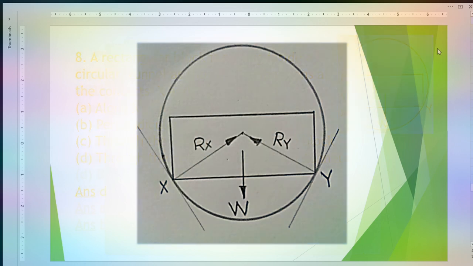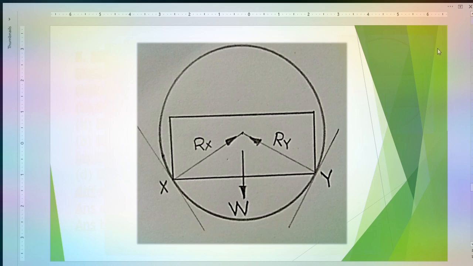Let us solve this. Here in this picture we can see the rectangular mass block and the circular tunnel. The mass block touches the tunnel at X and Y, so reactions Rx and Ry will be perpendicular to the tangent which passes through the points X and Y respectively.